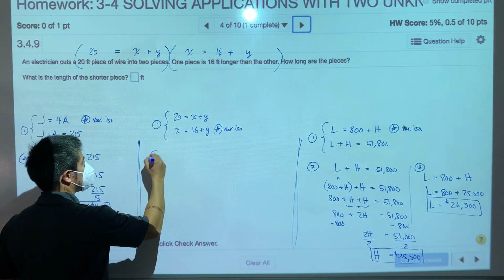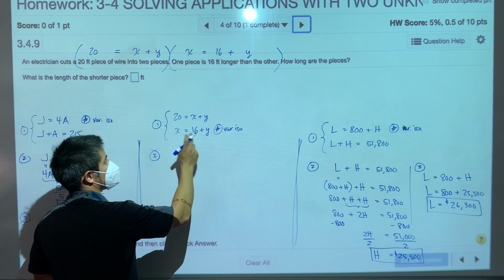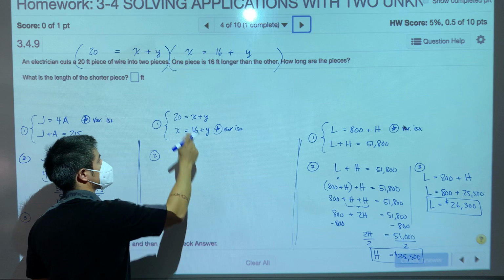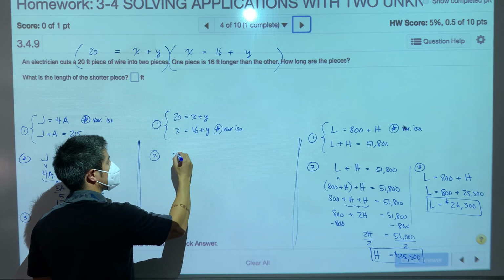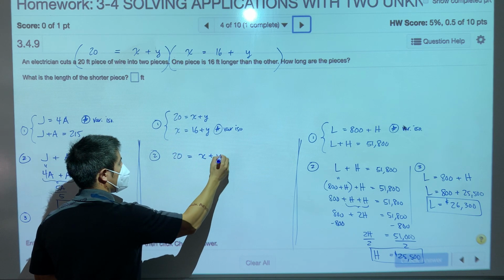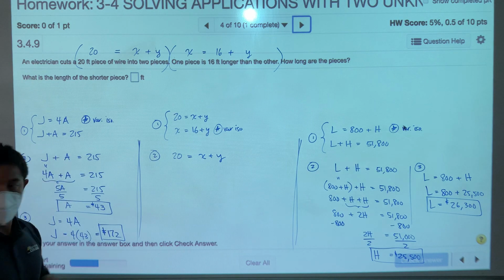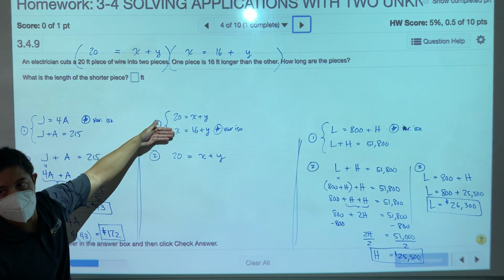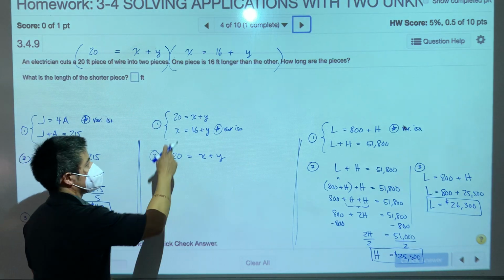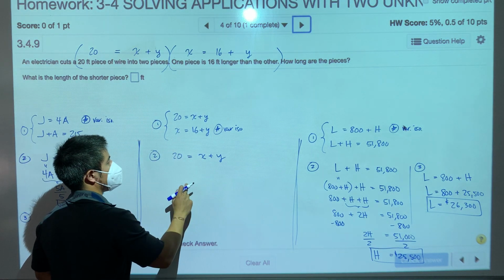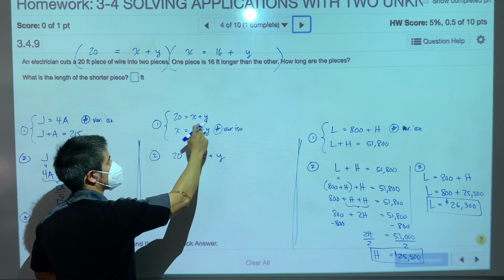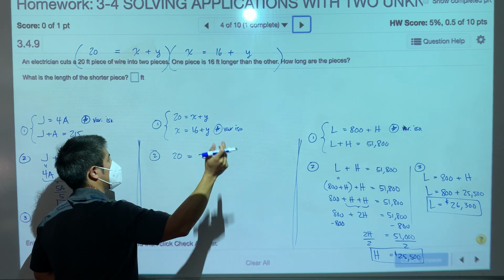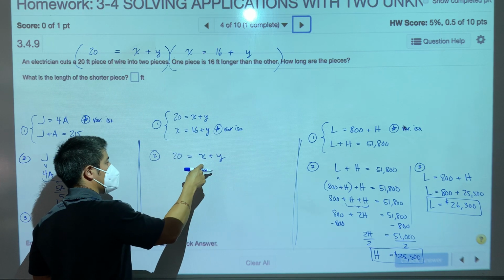So here's step 2. Whichever equation had the variable isolated, you're going to take the other one. So I'm taking this one. 20 equals X plus Y. Now, what are we going to do with this one? Now we're going to take our isolated variable. X equals 16 plus Y. So 16 plus Y is going to go in for X in this one.